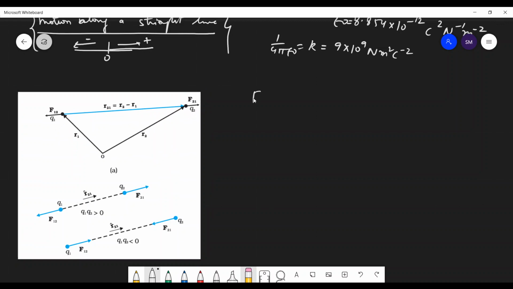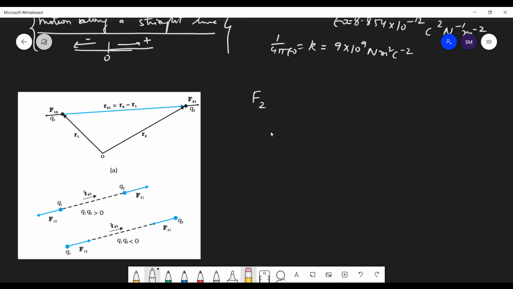Students, just try to understand, this is the force on 2 due to 1. Now the force on 1 due to 2. Similarly for relative velocity, velocity of 2 with respect to 1. The first number in the subscript is related, so force on 1, velocity of 2. So this thing we need to keep in our mind.